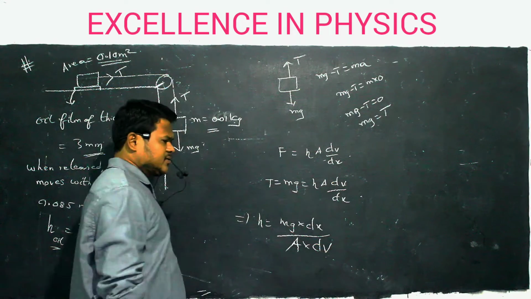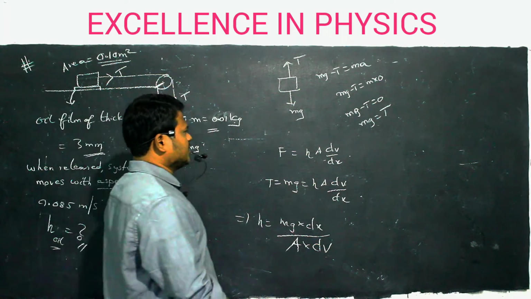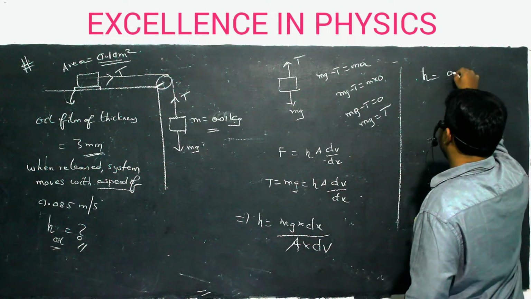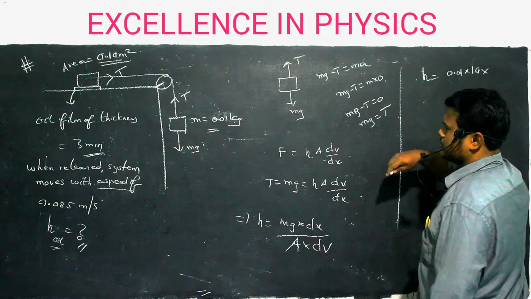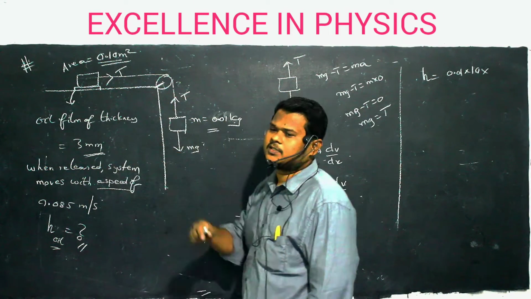So substitute all the values. That should be our answer. Come on. So eta is equals to mass is how much? 0.01. G value is 10. Dx means thickness of oil film. Thickness of oil film is 3 mm.